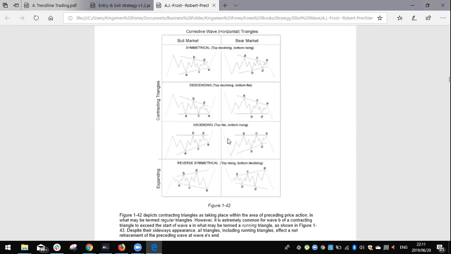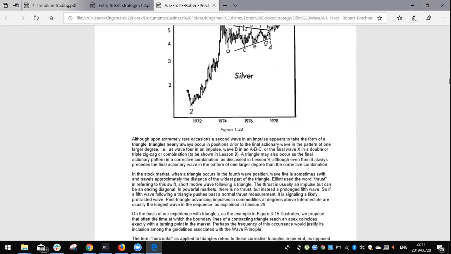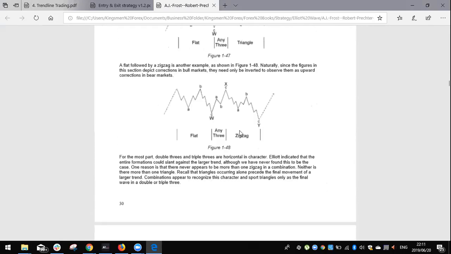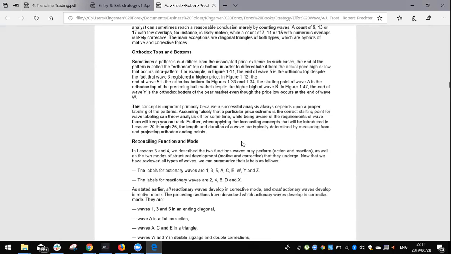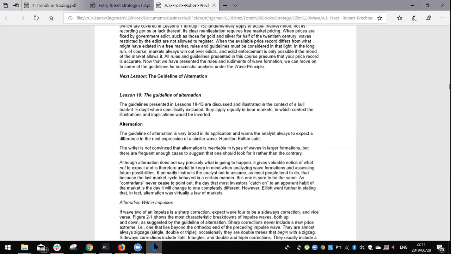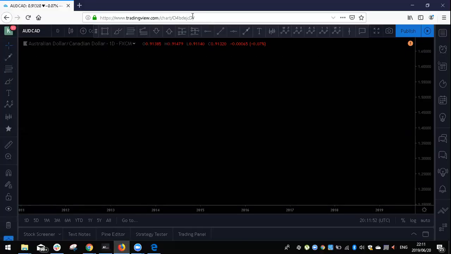Yeah, that is basically the types of correction. And then the tricky part is that sometimes these corrections can form a combination. You can maybe get an impulse and then a flat correction like this.